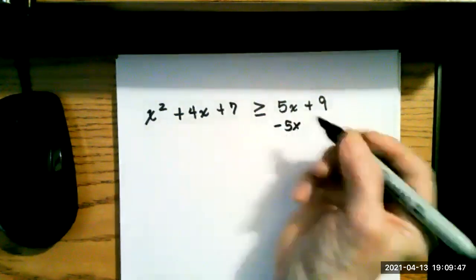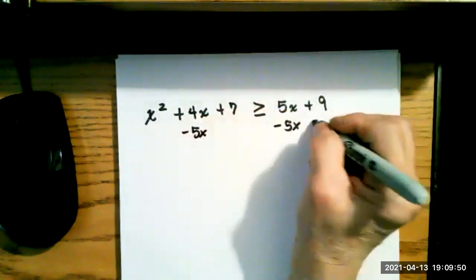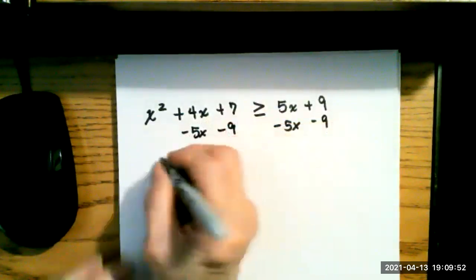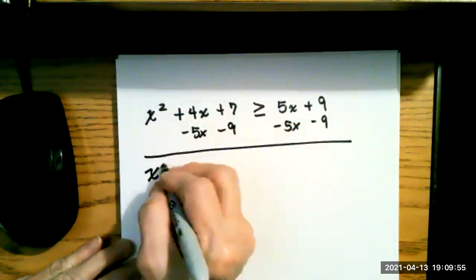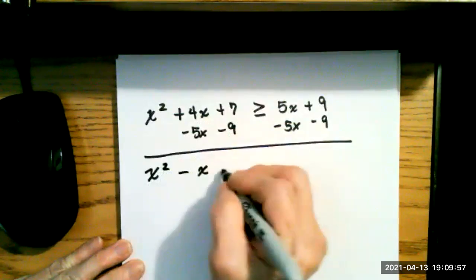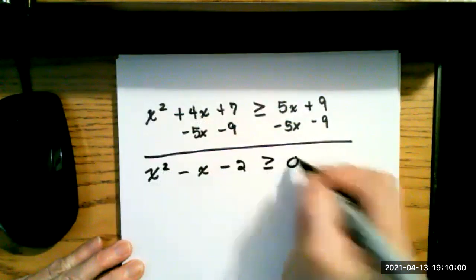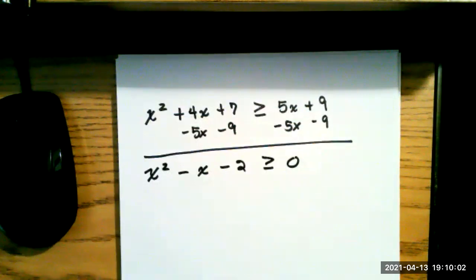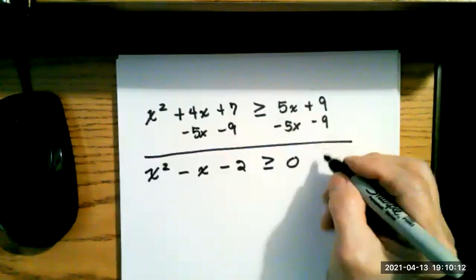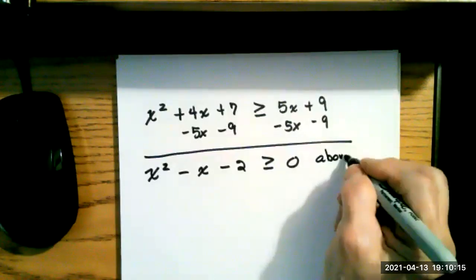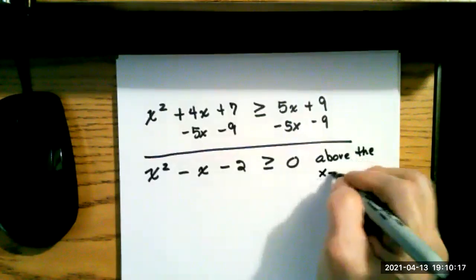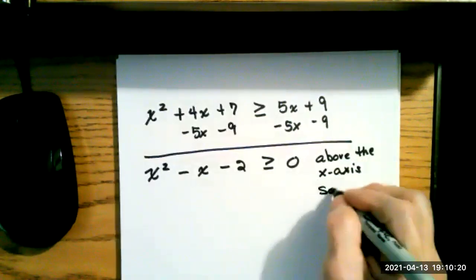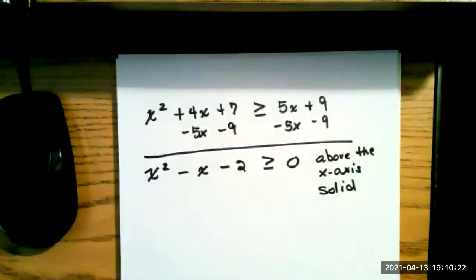I'm going to subtract this 5x from both sides, and I'm going to subtract a 9 from both sides and see what I get. x squared minus x minus 2 is greater than or equal to 0. Still going to be a parabola. And I want above the x-axis, and it's a solid parabola.